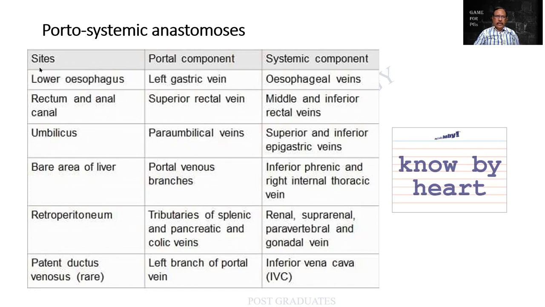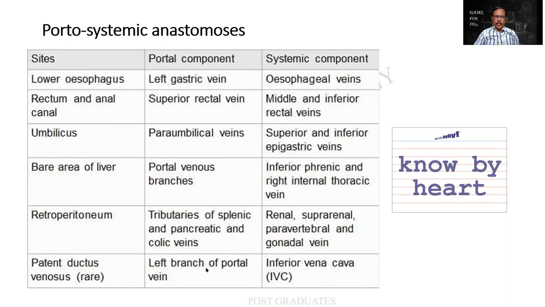What are the sites of portosystemic anastomosis? This you shall know by heart and rattle off. There is an anastomosis at the lower esophagus, rectum and anal canal, umbilicus, bare area of the liver, retroperitoneum, and patent ductus venosus. It is not arteriosus, which is very rare.